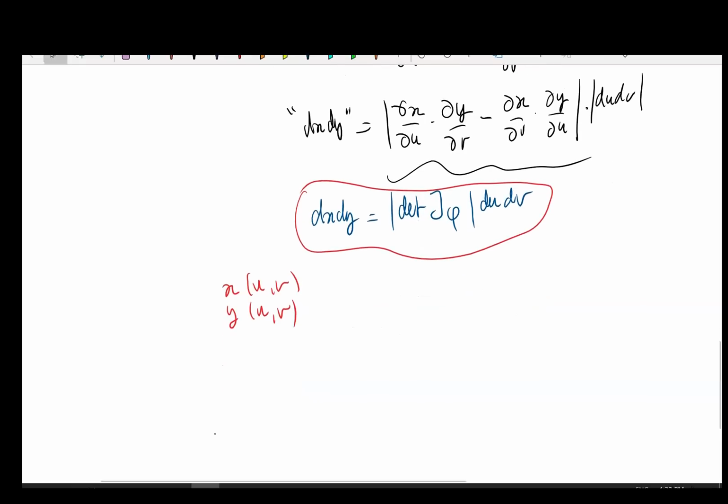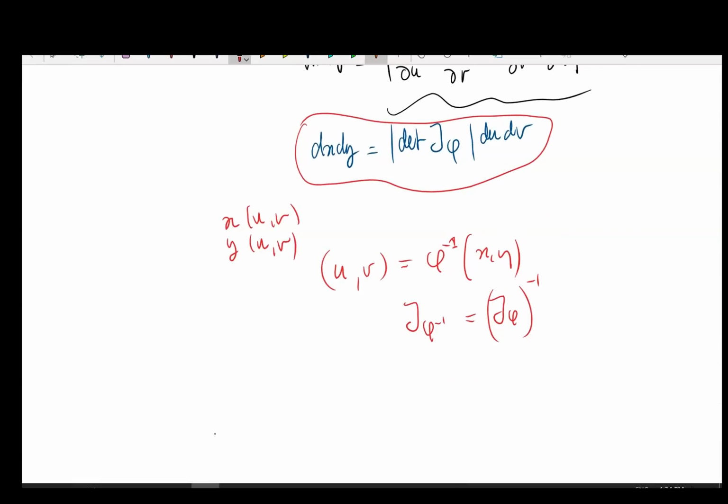But if you have the contrary, if u, v is given as a function of x, y, I'm writing it here as phi minus 1 just to be consistent with my previous notations, you just know that the Jacobian of phi minus 1 is really the inverse of the Jacobian of phi. And so the determinant of this one is really the determinant of this one to the power minus 1, which we find again here.